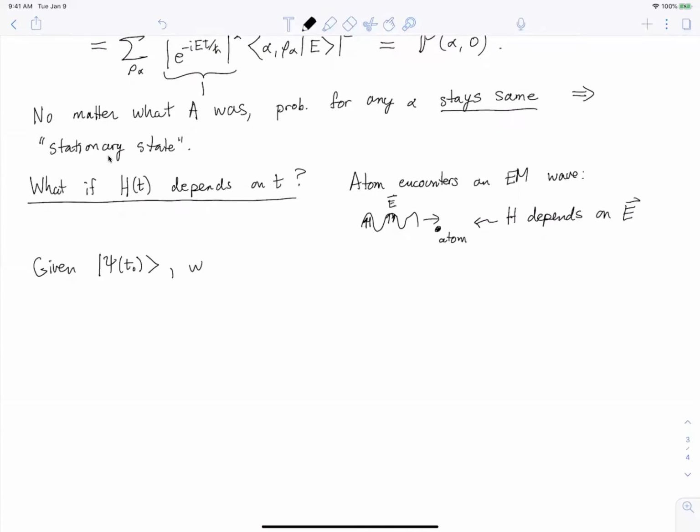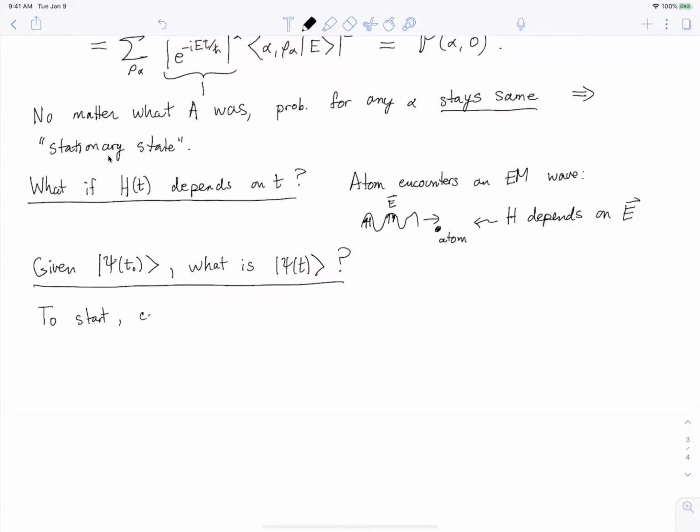All right. So given the state at time t0, the question we're seeking to answer here is, what is it at some other time, some later time, psi of t? Okay, that's our big question. And so we're going to answer this incrementally by first saying, to start, what is it at only a little bit later time?